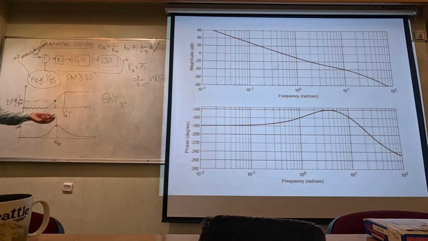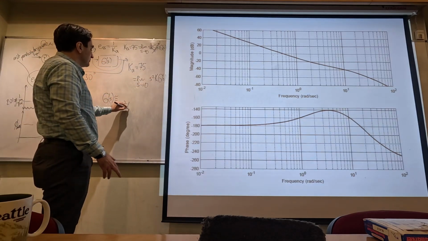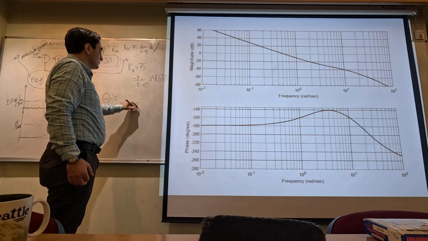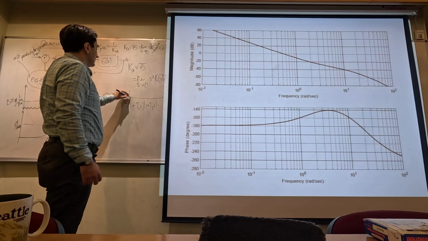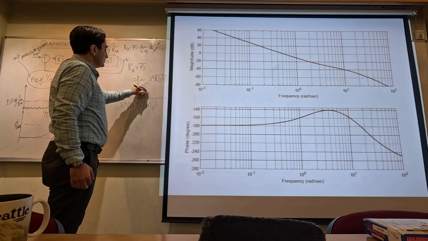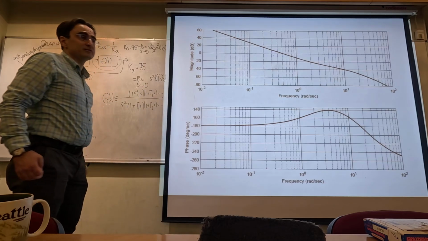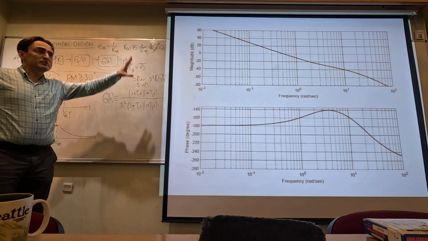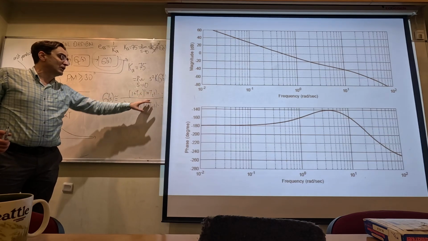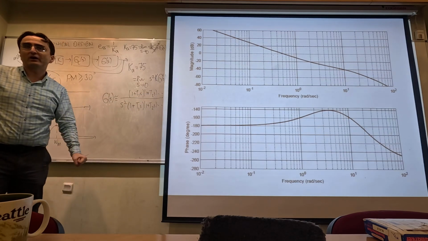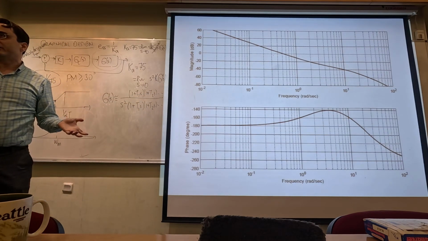At high frequencies, I have some poles, 1 plus T1 s, 1 plus T2 s, and I have 1 plus tau 1 s, 1 plus tau 2 s, etc. I have some zeros. But from this Bode plot, I will never be able to extract the information for tau 1, tau 2, T1, T2, etc. I really do not need to either.